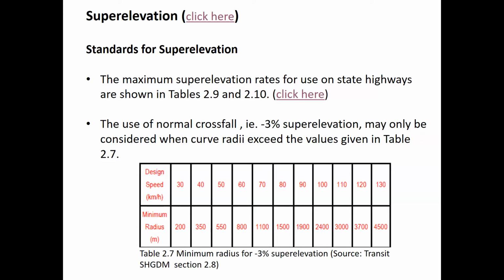With a big radius you can do without the super elevations. But if your design speed is 80 and your radius is like 1000, then you need to provide the super elevations.